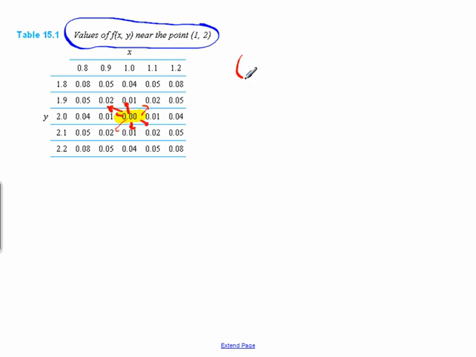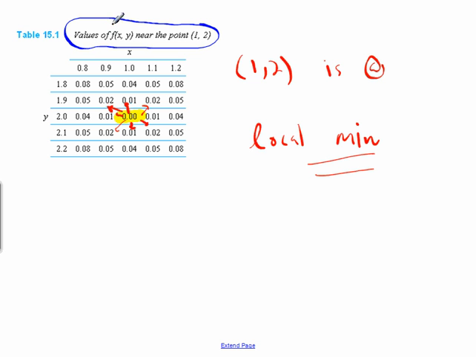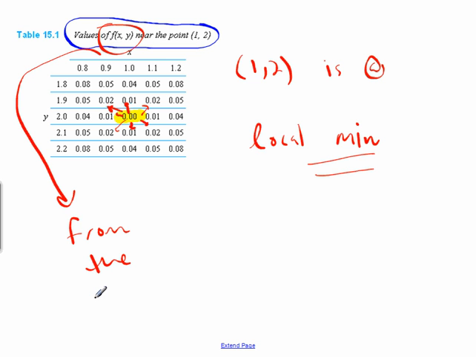Therefore, we can see that 1 comma 2 is a local min. And this is the function from the previous page.